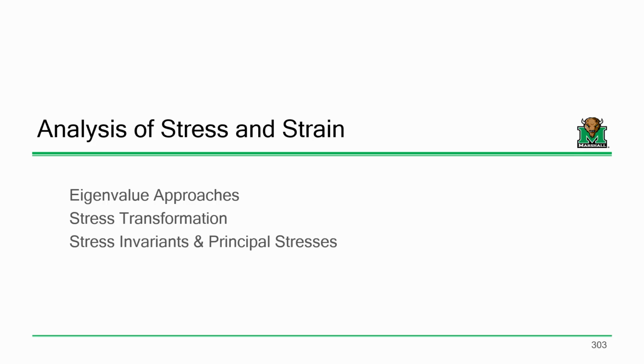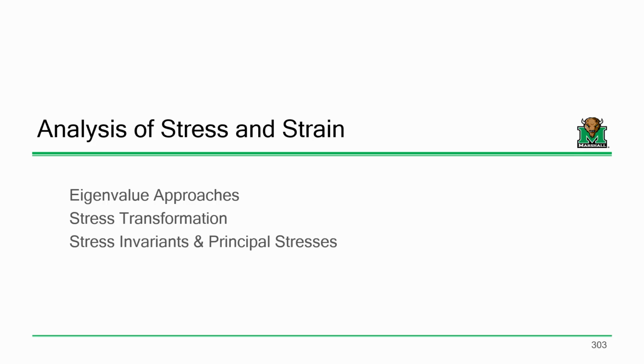analysis. And the other main class of problems you deal with in the world of finite element analysis are eigenvalue problems. In other words, an eigenvalue problem is something like a vibration problem or a buckling problem, and things like that.